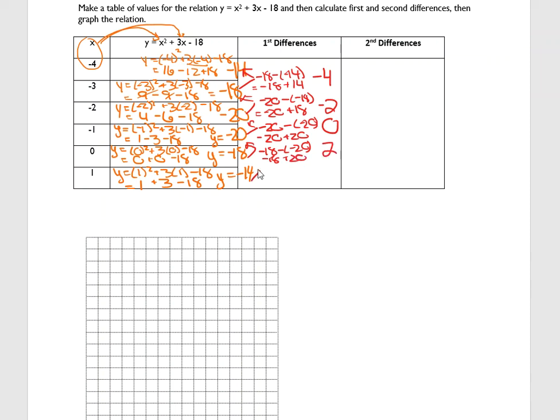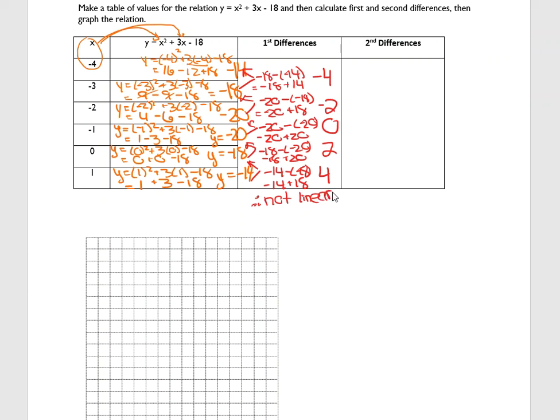And then my last pair here is -14 subtract -18. Again, negatives making positives. -14 plus 18 is 4. So there are my first differences, and they are not constant, they are not the same. Therefore, it's not linear.